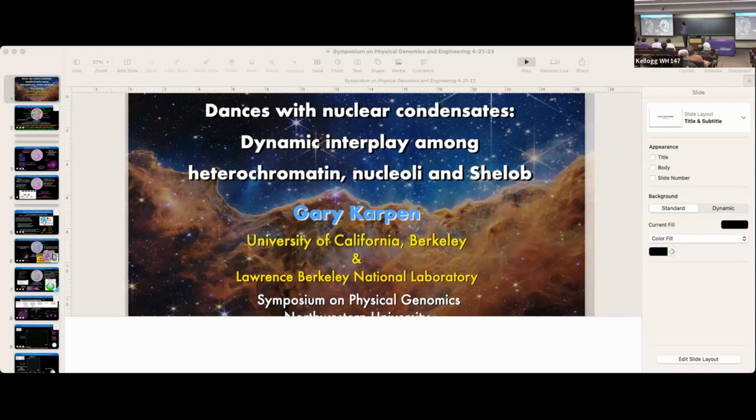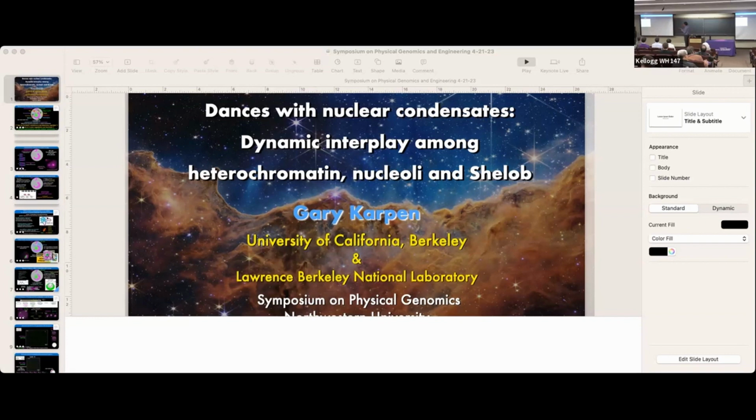But it doesn't actually physically overlap, so we collaborated with Kachu and did super resolution imaging. This is the scan over here. Basically, what you see is just a few points of contact, which is what the white represents, between Shelob, shown here in green, sorry for keep switching the colors, and HP1 in fuchsia.